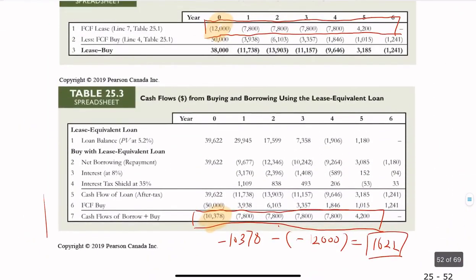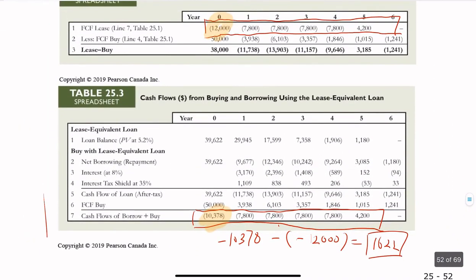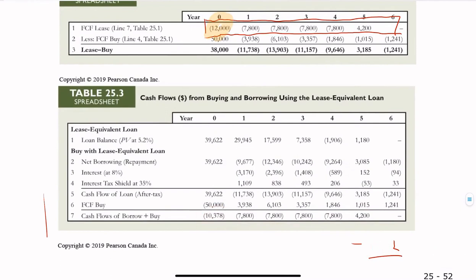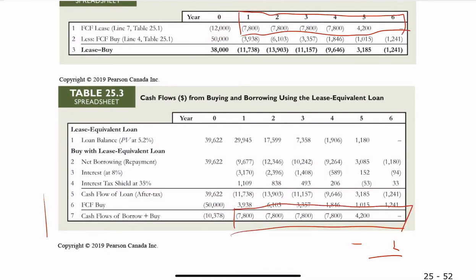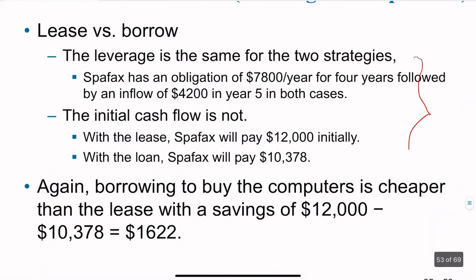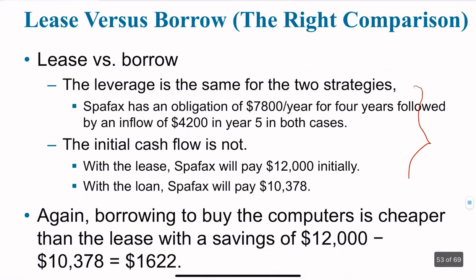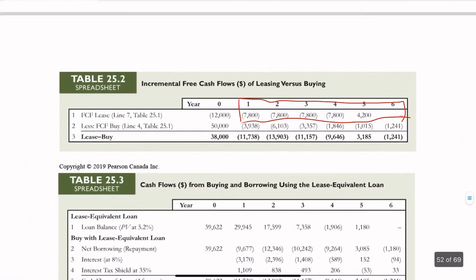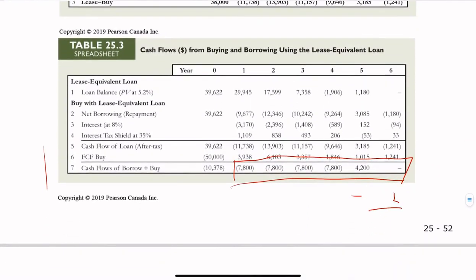Because you can see that these cash flows are the same. But the initial cash flow is not, right? Because we have a more negative cash flow in the case of leasing computers, and we have a less negative cash flow in the case of buying computers with debt.